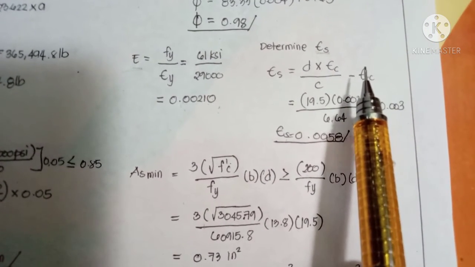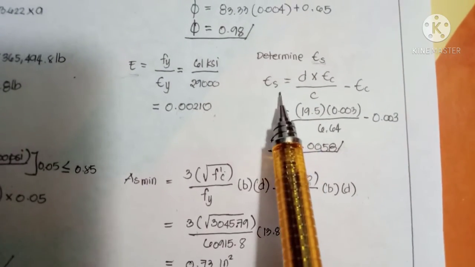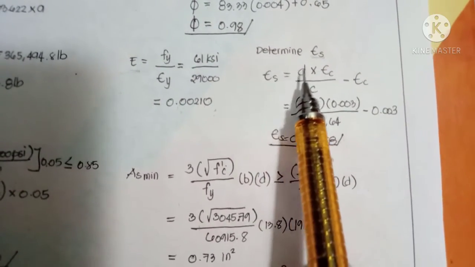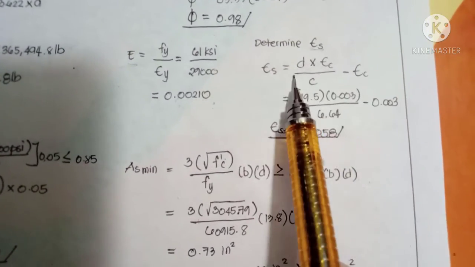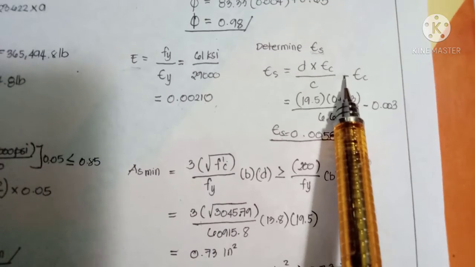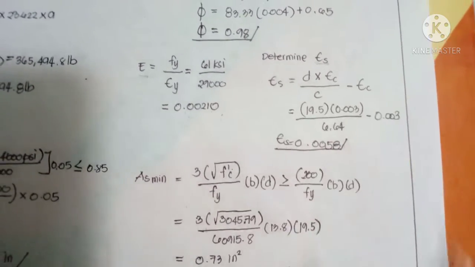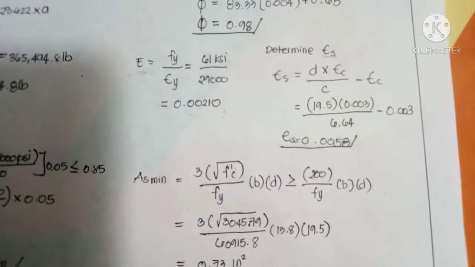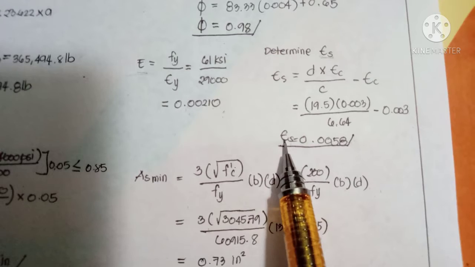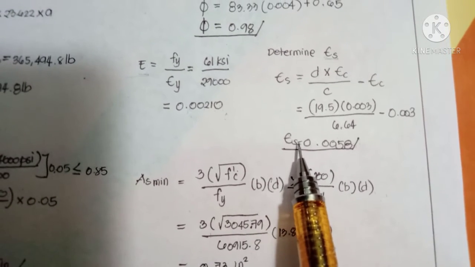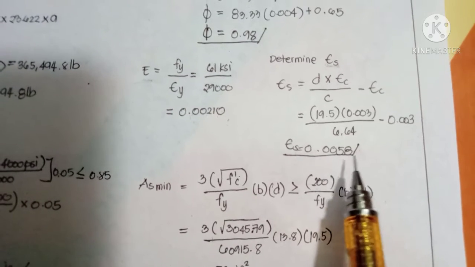Epsilon S is what we need to calculate. We have here the formula of epsilon S, which equals D multiplied by epsilon C divided by (C minus epsilon C), and substituting the values we come up with epsilon S equal to 0.0058.